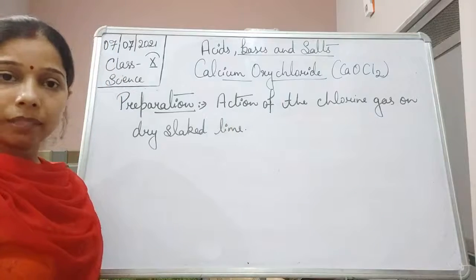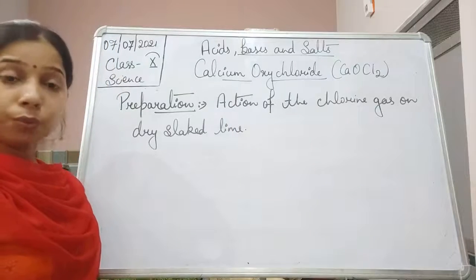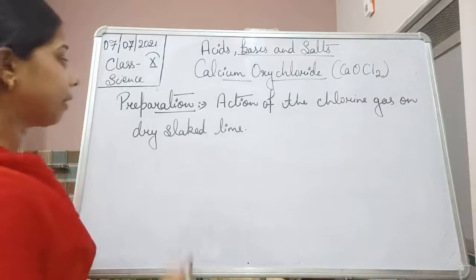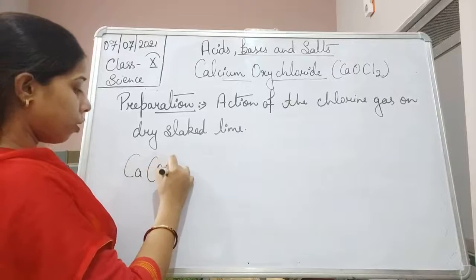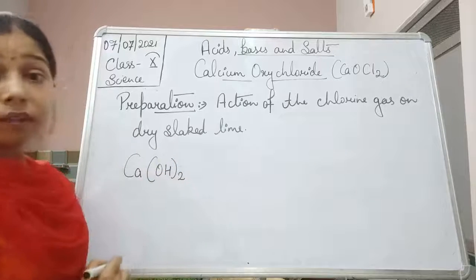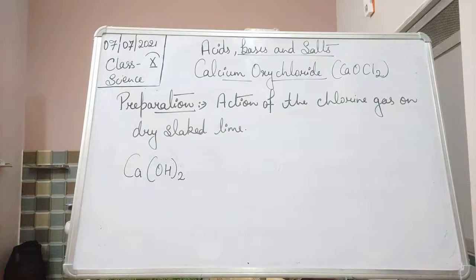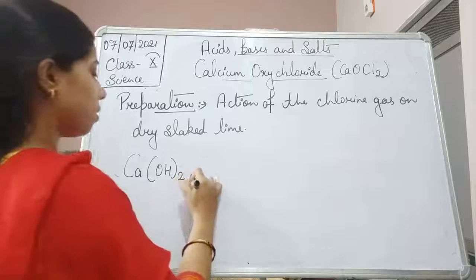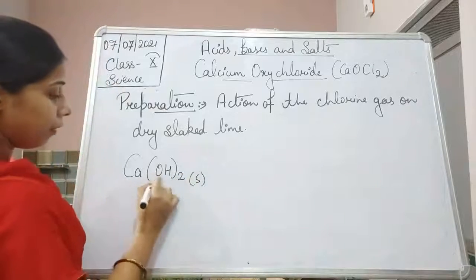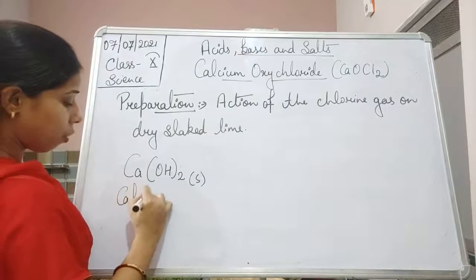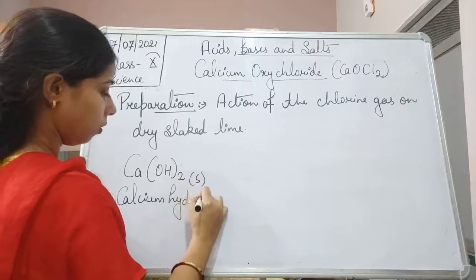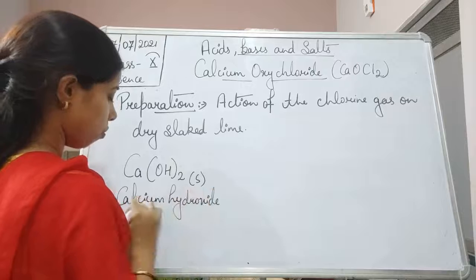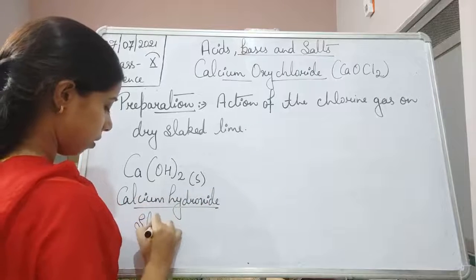Basically what happens here, at first this will react with the slaked lime. Formula of slaked lime is Ca(OH)2. This is the slaked lime. This is dry, so it will be a solid. We will call it calcium hydroxide, which is also called slaked lime.